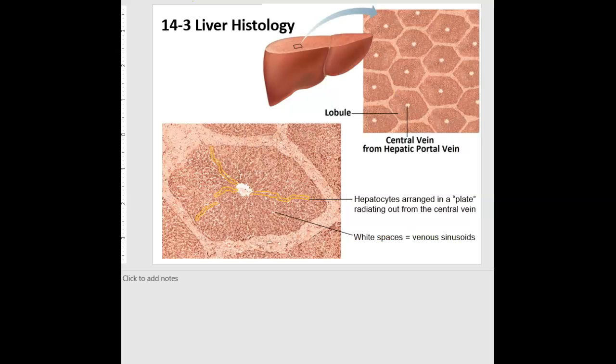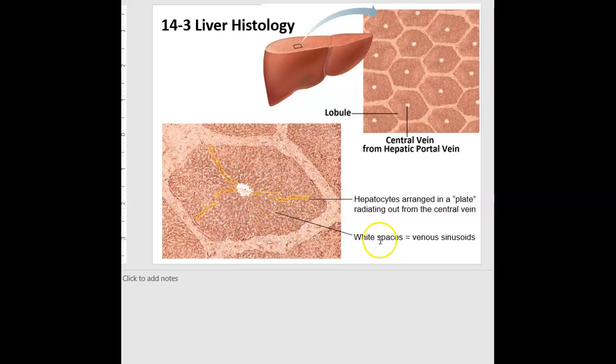The histology of the liver is quite unique. It includes cells called hepatocytes arranged in plates around a central vein. Each central vein is in the middle of a lobule. So the lobes of the liver consist of many lobules, and these central veins are going to actually carry blood to the inferior vena cava.